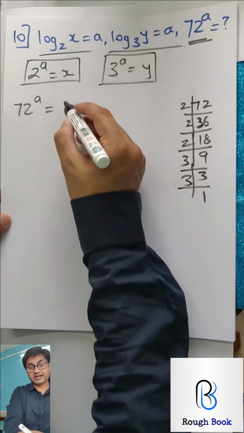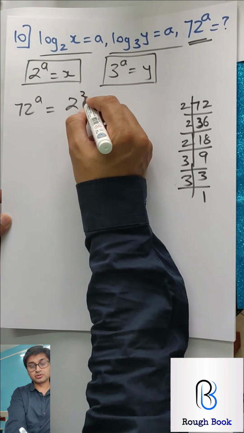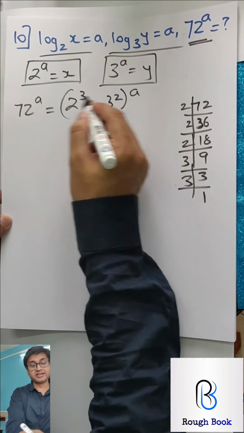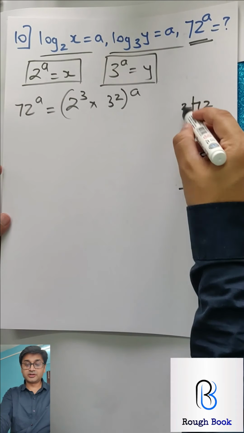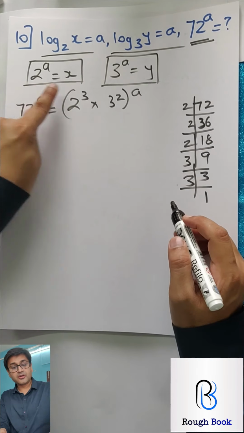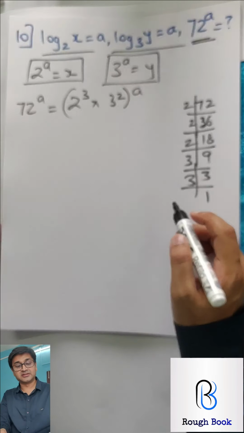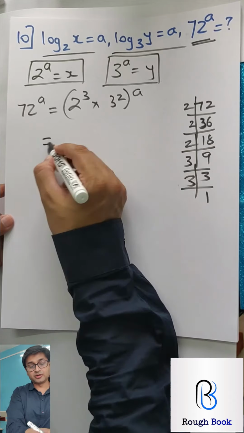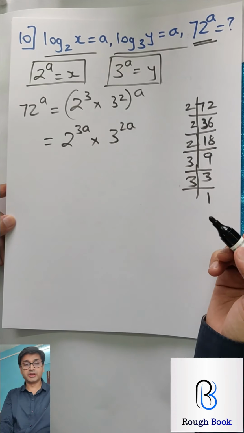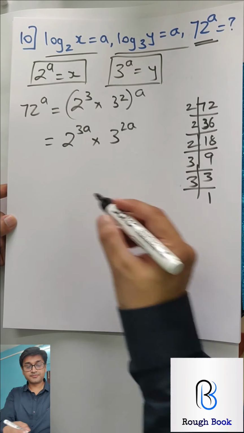So what do I get? I get 2 raised to 3 and 3 raised to 2, raised to this a. So I have converted this 72 in terms of 2 and 3. Why? Because I wanted to convert it into x and y. Now supply this a to both. So 3a and 2a. This is again law of indices.